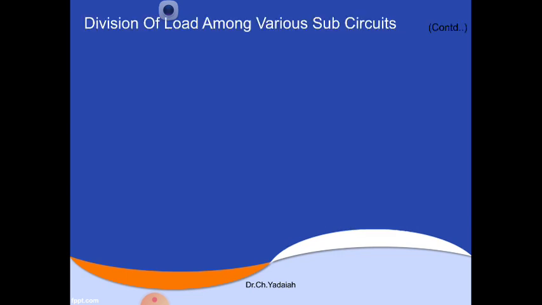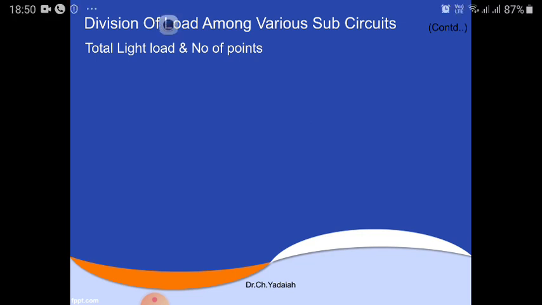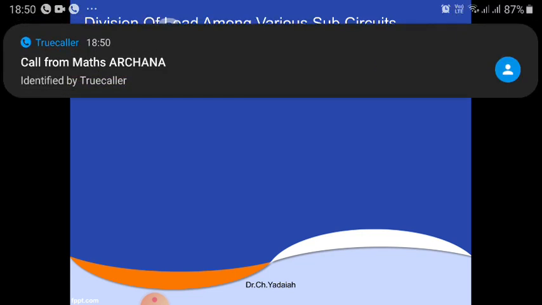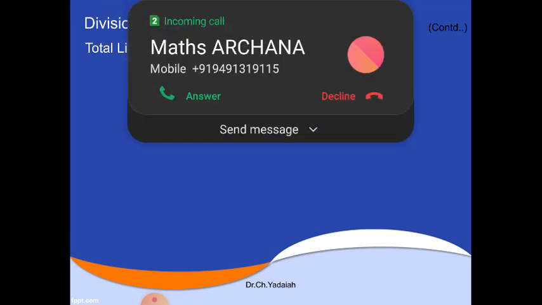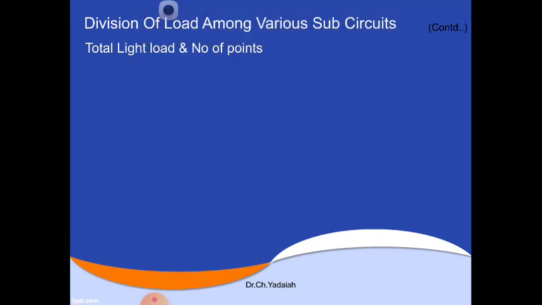Now, the division of load among the various subcircuits. How are we going to divide into subcircuits? We need the total light load and number of points. So we calculated the manager room, ground floor and first floor, each with number of points. Let us see the lighting load.